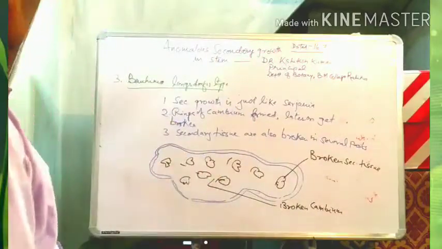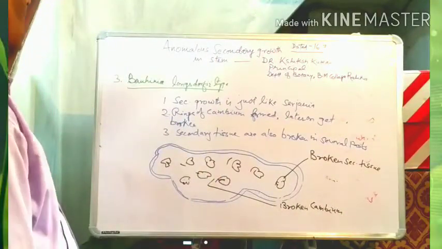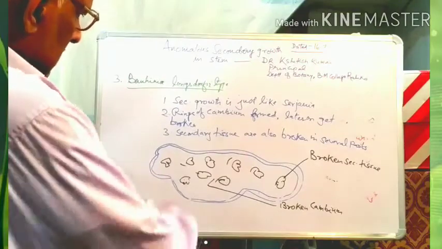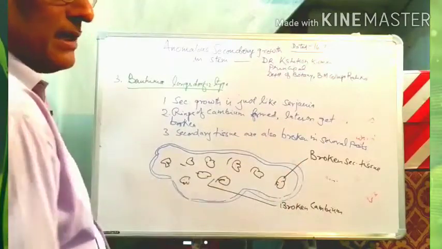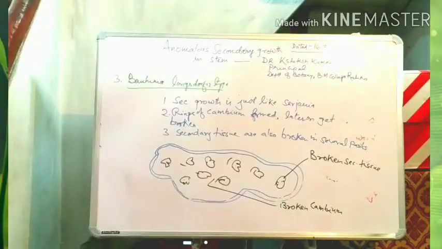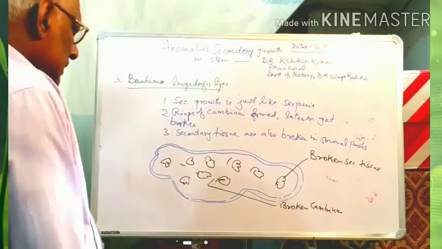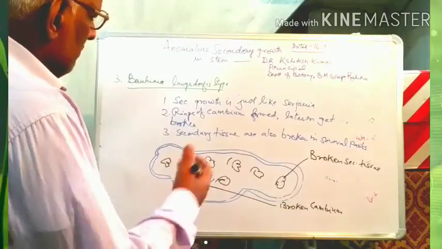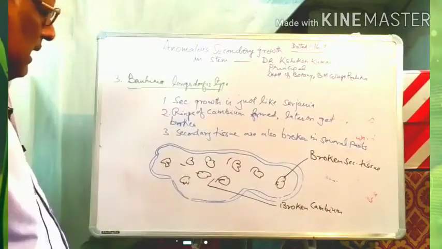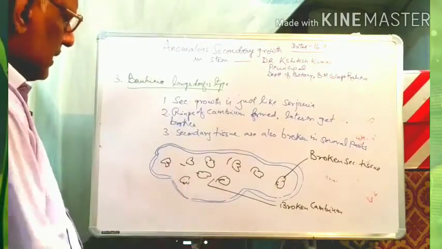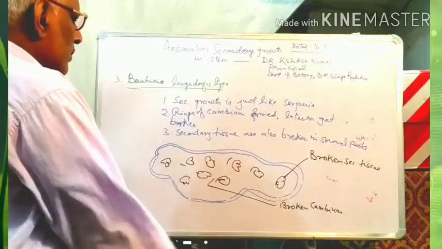So the only difference between Bauhinia longsdorffi and Sergenia is that after the secondary growth, the circular cambium rings which are formed now become broken, and the secondary tissues formed are also broken.